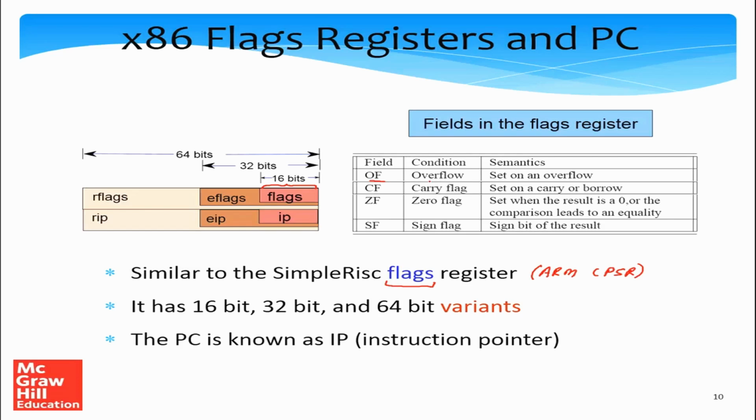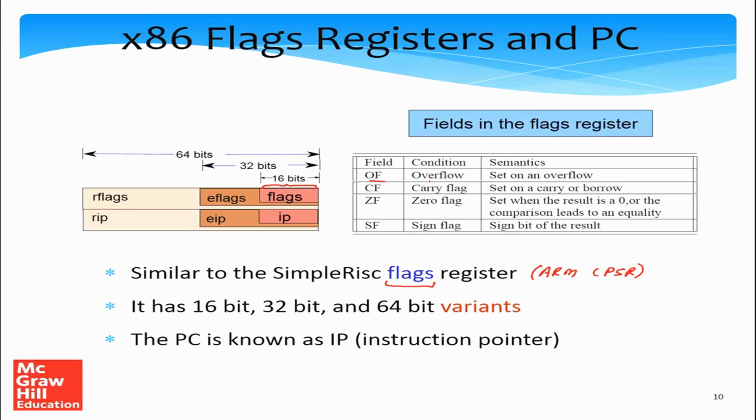So the overflow flag is set on an overflow, and this can be read from the flags register. Similarly, we have CF, or a carry flag, which is set on a carry or borrow. So let's assume I'm doing an addition or a subtraction. The carry flag CF is set if the addition results in a carry or the subtraction results in a borrow.